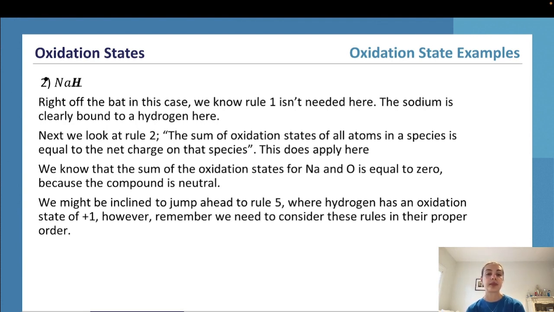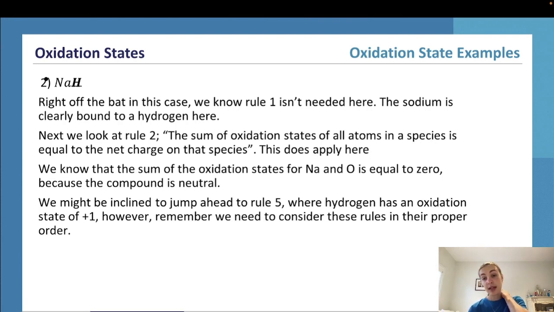And so we might be inclined to jump ahead to rule number 5, where hydrogen has its oxidation state of +1. However, we do need to consider the rules in their proper order. So we've gone to rule 2.